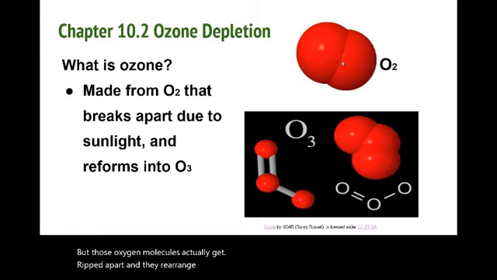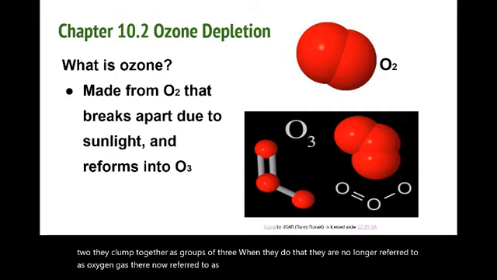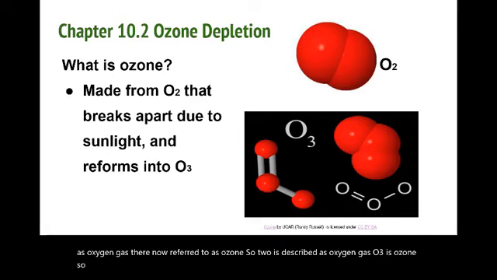Rather than arranging themselves into groups of two, they clump together as groups of three. When they do that, they are no longer referred to as oxygen gas, they're now referred to as ozone. So O2 is described as oxygen gas, O3 is ozone. So that protective layer is made up of O3, which is three molecules of oxygen bound together.